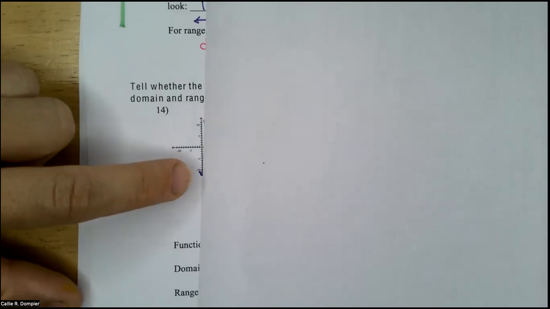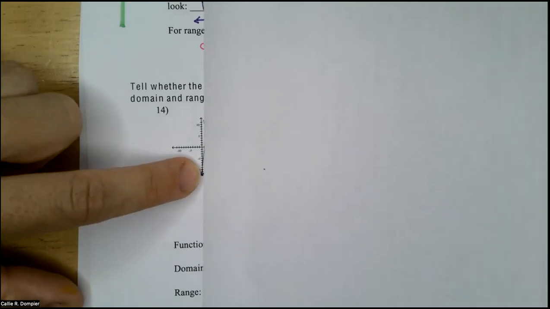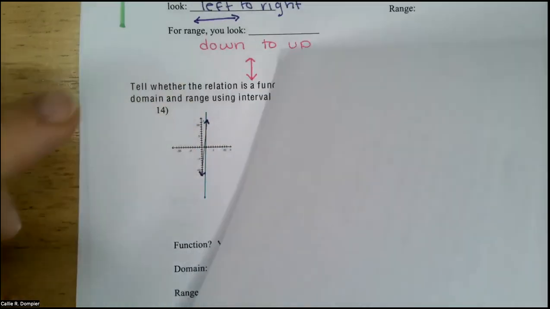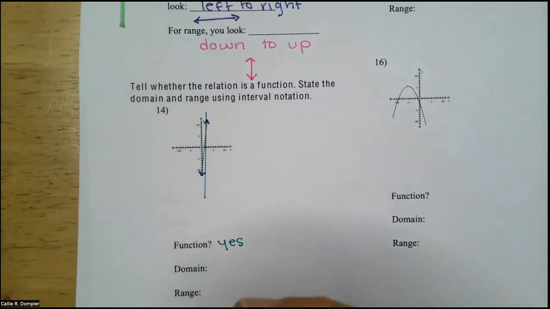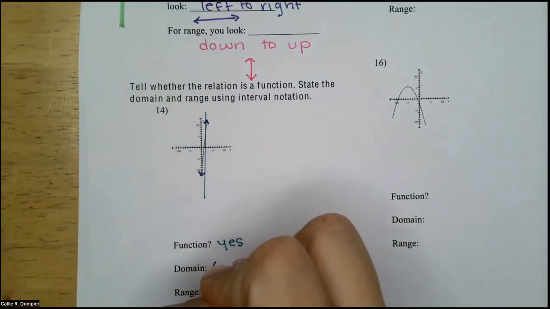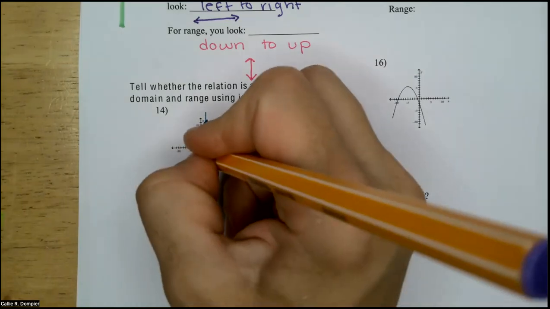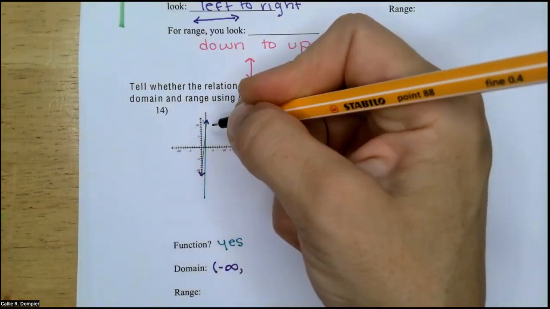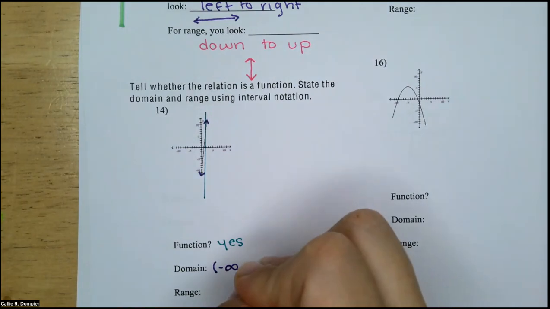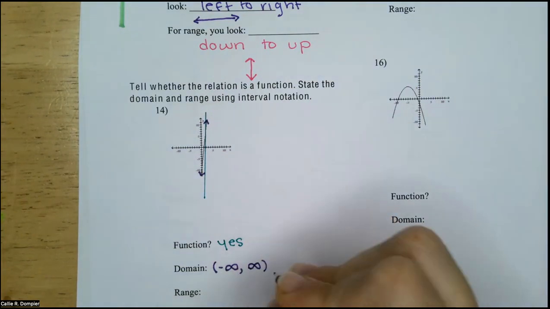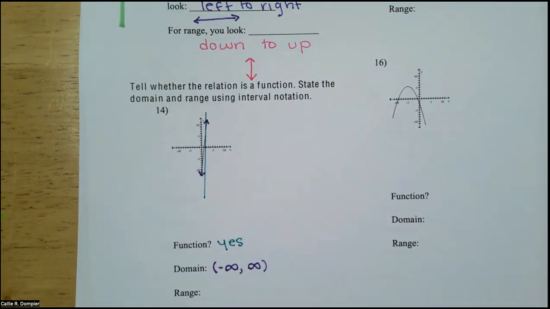I see it begin here, but I see that there's an arrow here. So my domain is from infinity. It starts at negative infinity. And then where do I see it? I see it in an arrow in the other direction, in the positive x direction. So it goes on to infinity.